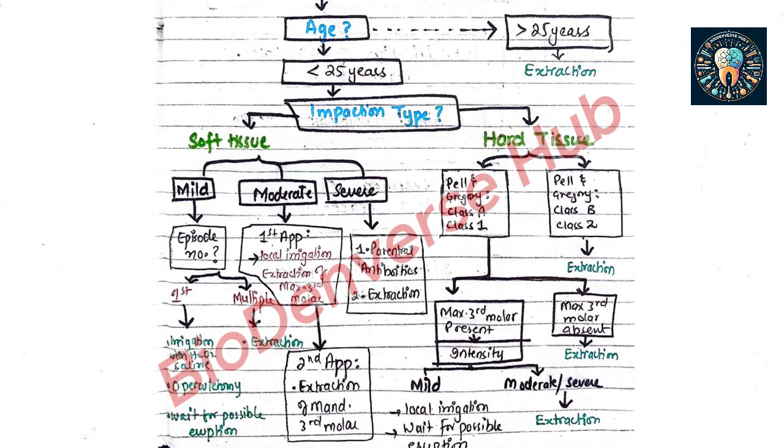But if the age is less than 25 years, then you need to go further on to judge the type of infection. First of all, if it is a soft tissue type of infection, you need to categorize it into mild, moderate or severe. In case of mild, you need to check for the episodes.